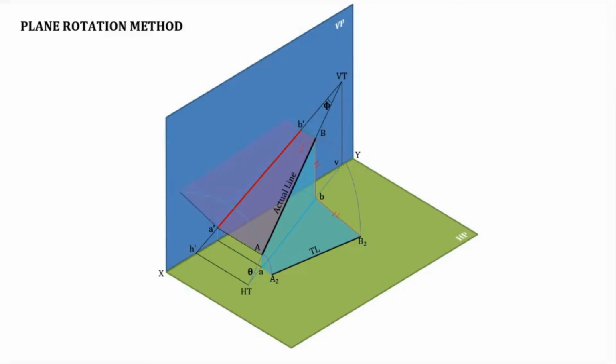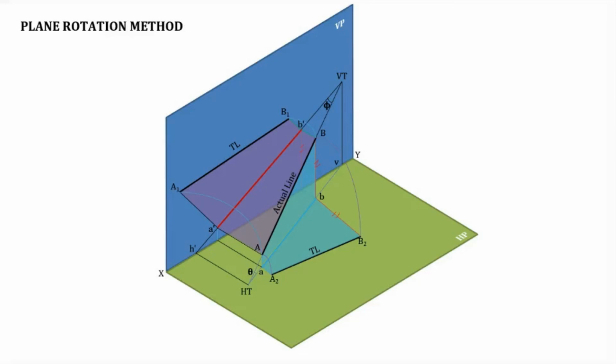So now this dark line A1 B1 will give you the true length. So this is the procedure by which we rotate the plane. We are rotating a plane here, not a line. That is why this is plane rotation.